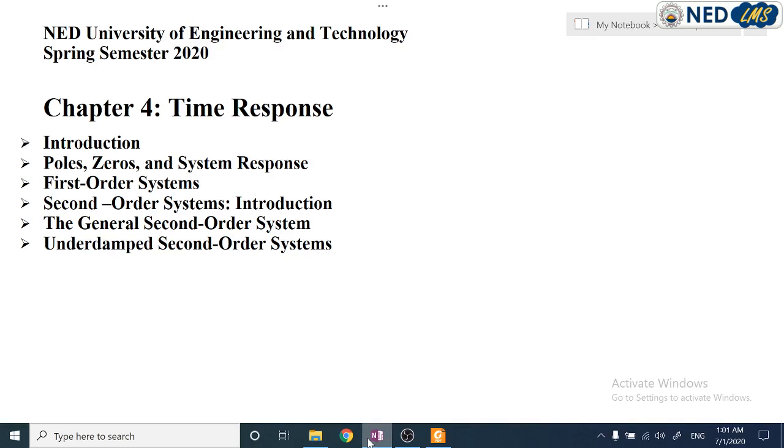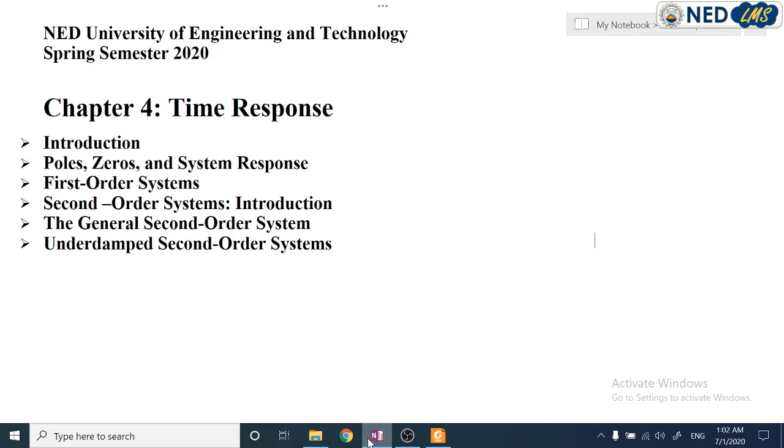Now, according to the design process, which we have covered in chapter number 1, we first create a schematic of a physical system, and then develop a mathematical model of that schematic, and then further we reduce the mathematical model into a mathematical description in terms of input and output.